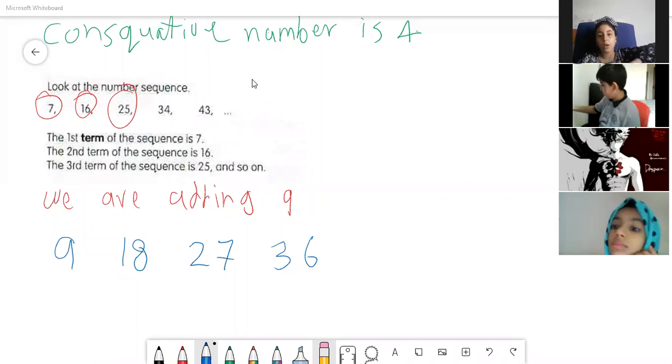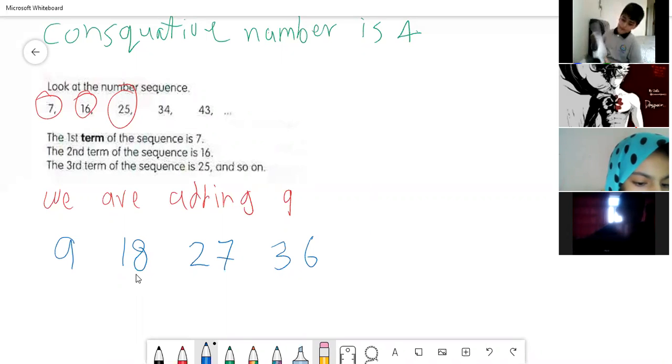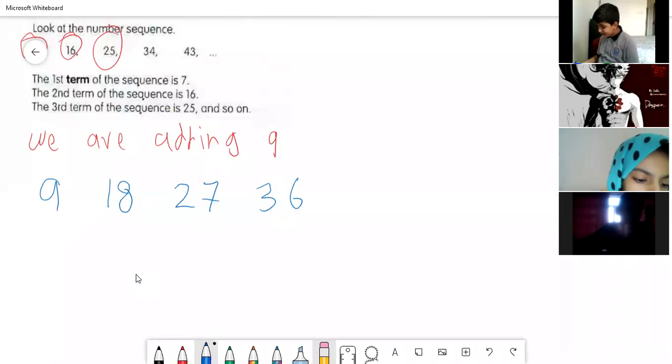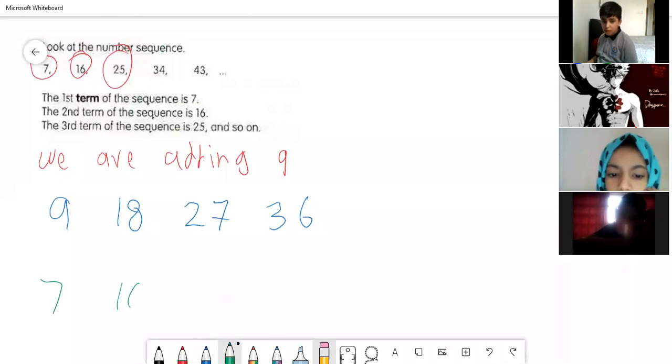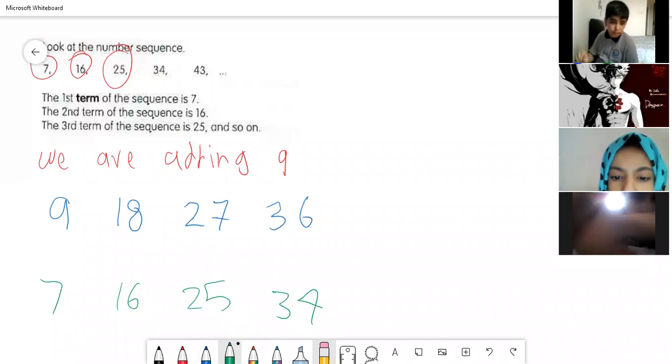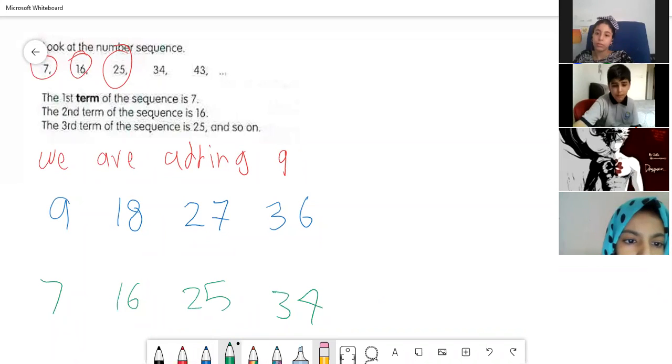Okay, now let's compare the sequence of multiples of 9 to the previous sequence. So what was the previous sequence? It was 7, 16, 25, 34, and so on. With this sequence, we said that we are adding 9, right?